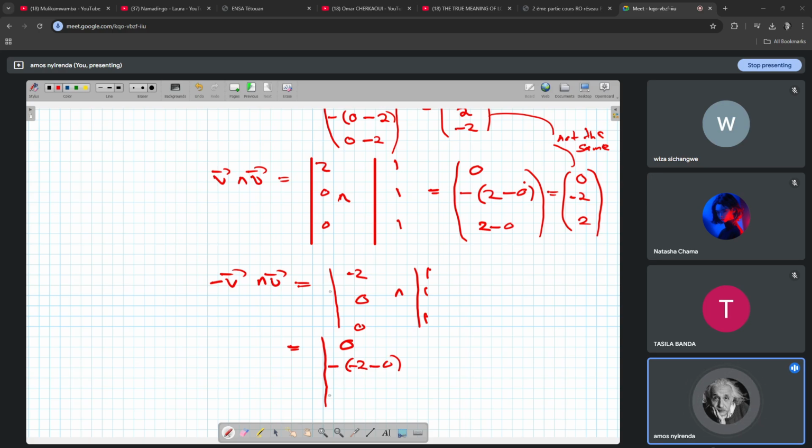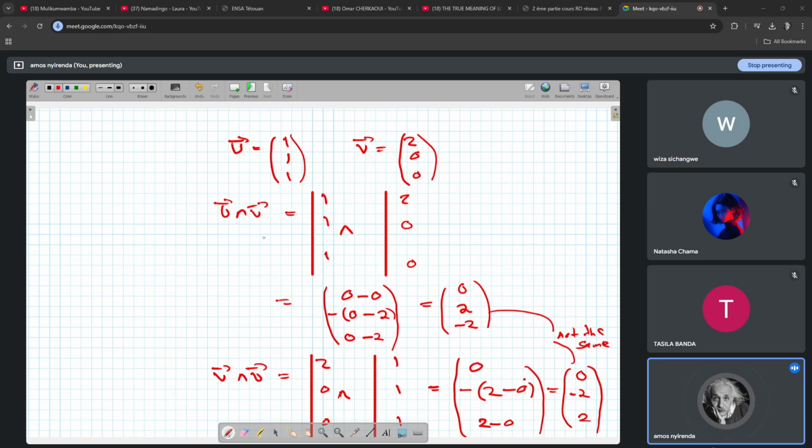Now for the last component, we get rid of the last line, and we have minus 2 minus 0. We can see that this is going to give us 0, 2, and minus 2.